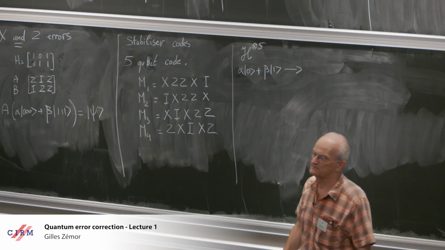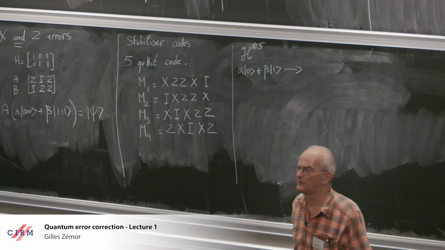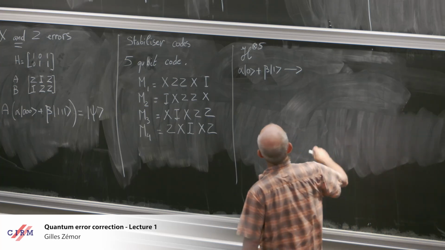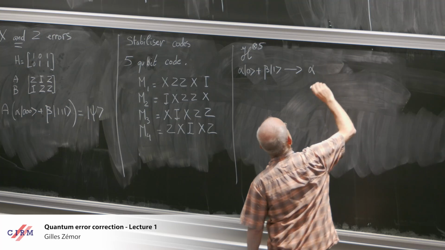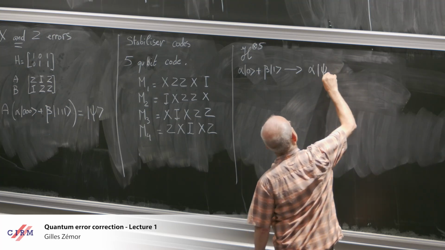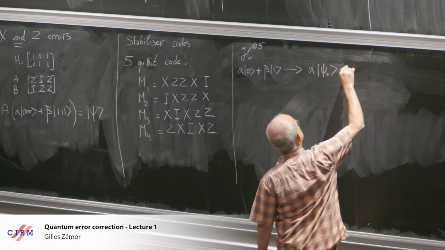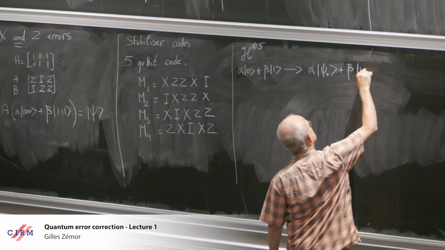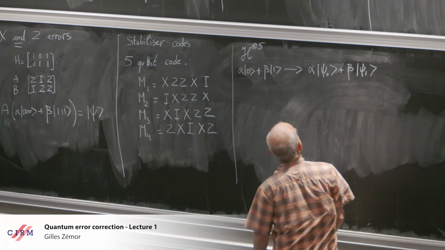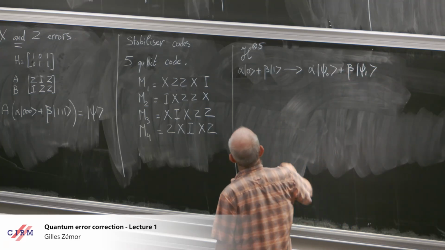And using auxiliary qubits like before, I will transform this into alpha psi 0 plus beta psi 1.